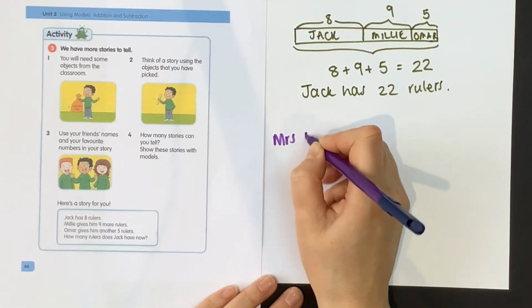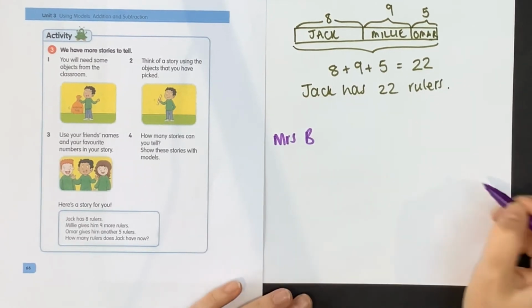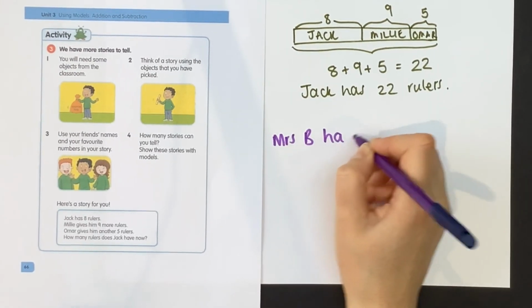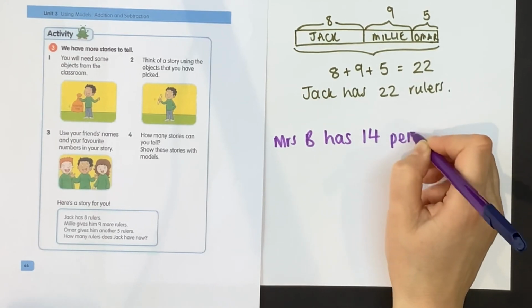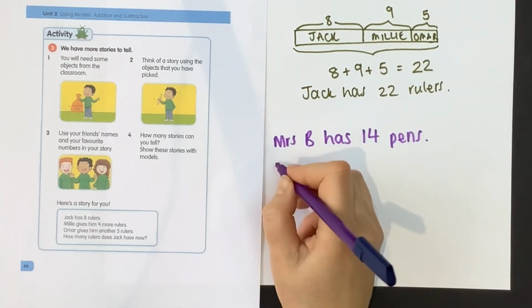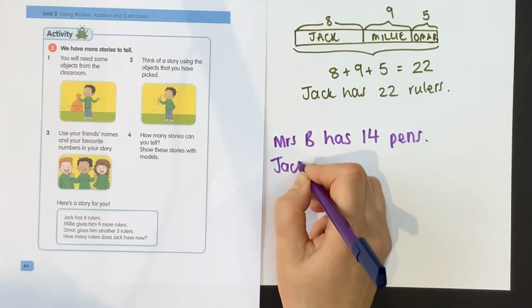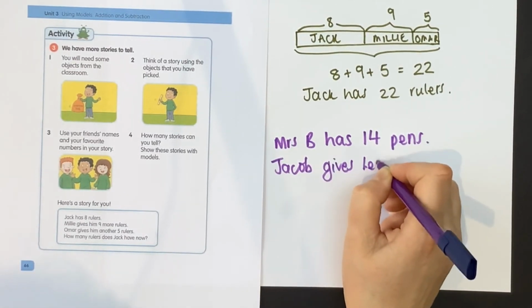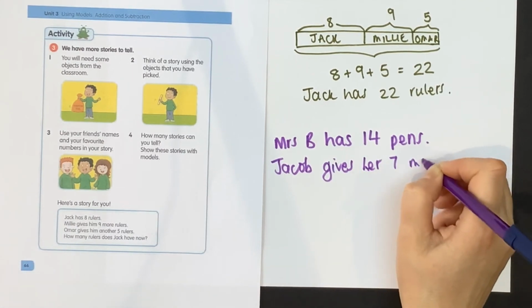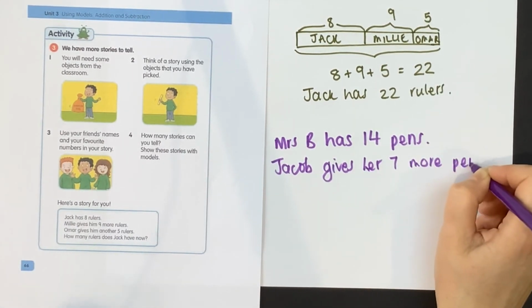Mrs. Brown, and I'm just going to shorten that to Mrs. B, has 14 pens. Okay? Jacob gives her 7 more pens.